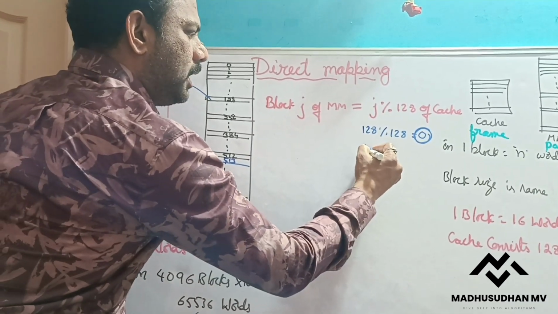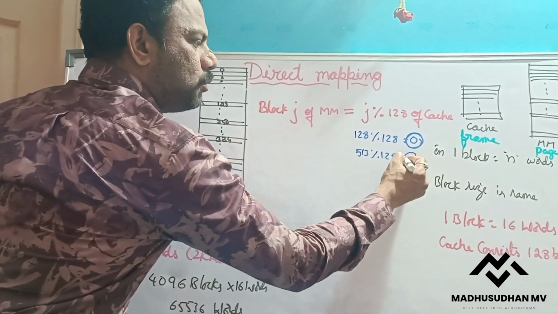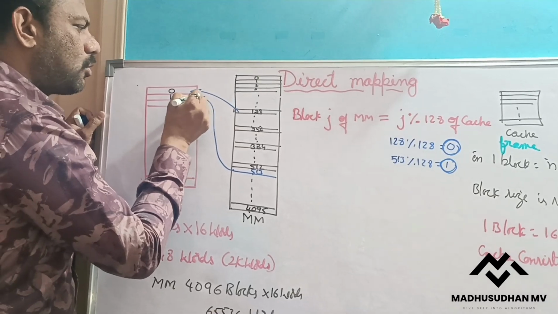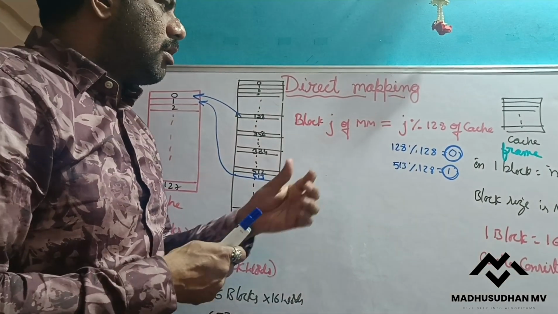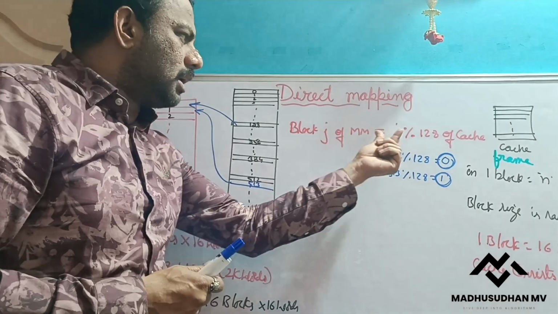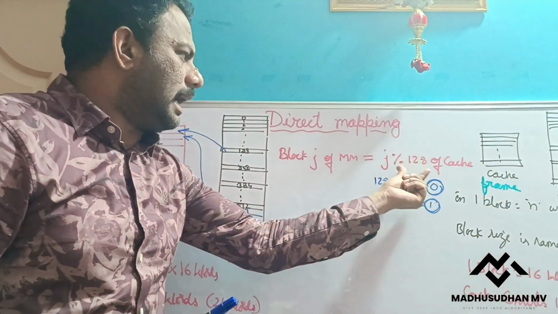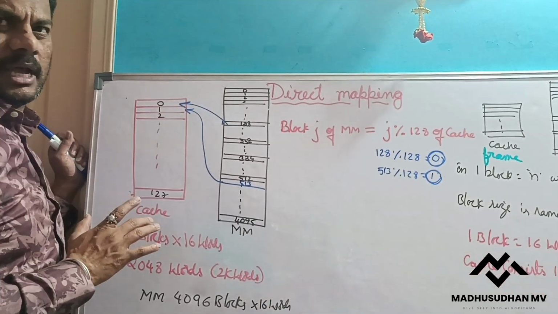So 513 modulus 128 gives remainder 1. That means this should be stored in block 1 of the cache. Like that, whatever the block of main memory, you divide that block number by 128 and take the remainder. In that block I need to place it. This is something like a round robin fashion.